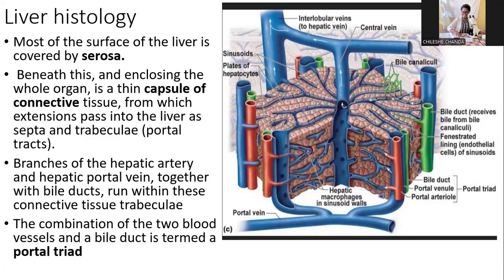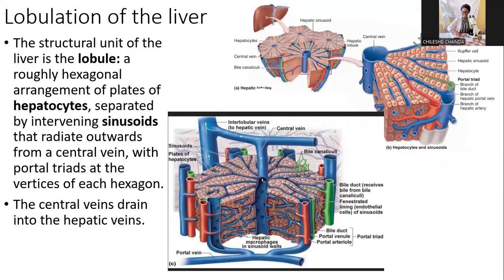As they go into each of these lobules, they go in together with one portal vein, which is a branch of the portal vein, and one bile duct. So there are three: the portal arteriole, a bile duct, and a portal vein. These three make what is known as a portal triad.